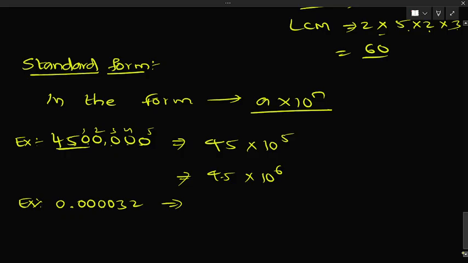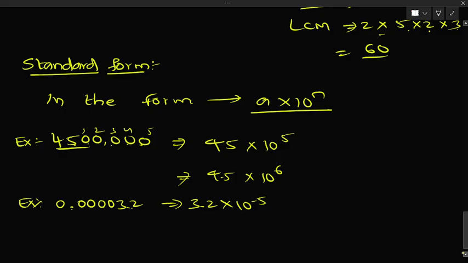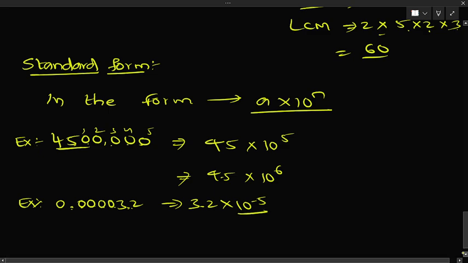Totally there are 6 digits. So if we want to write this number, it can be written as 3.2 into 10 power minus 5. So why minus 5? Here I kept the point here, so this point is moved towards the right after 1, 2, 3, 4, 5 digits. So here I place 3.2 into 10 power minus 5.